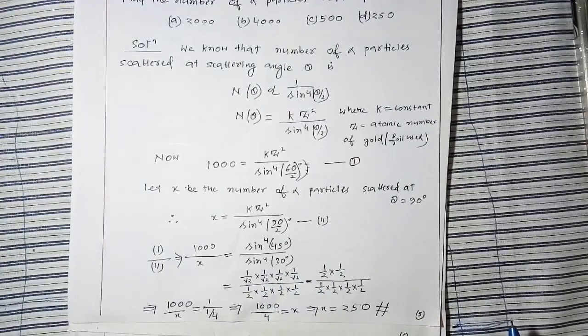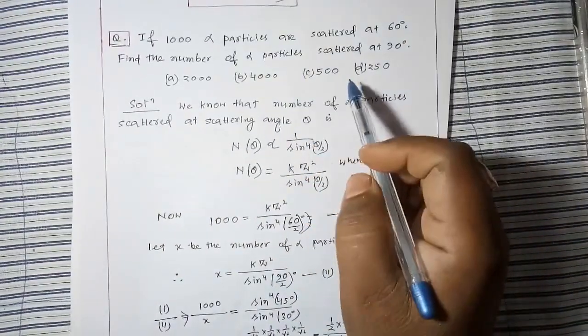What will be left? It will be 1 by 4. So 1000 by x is equal to 1 by 4, so 1000 by 4 is equal to x, that is why x is equal to 250. So 250 is the correct answer.